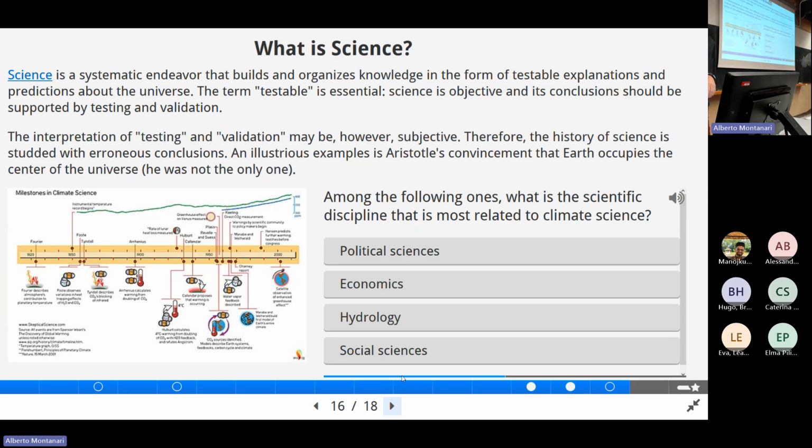When we make a prediction, we should be able to say the uncertainty. The term testable is essential. Science is objective, and its conclusions should be supported by testing and validation. And let me add, it's not written here, that the experiments should be repeatable by everybody.